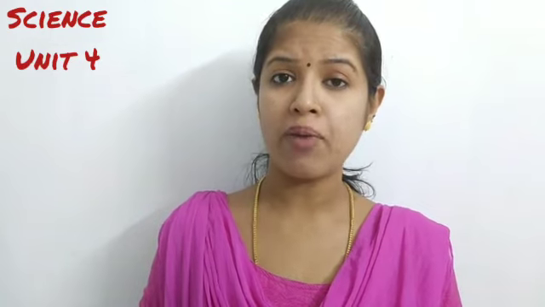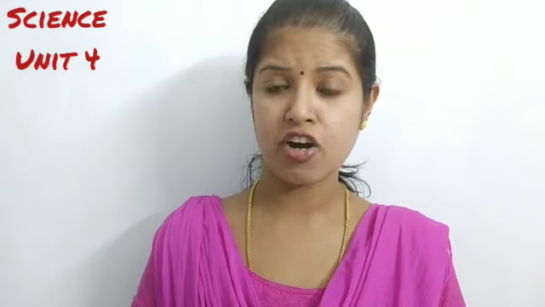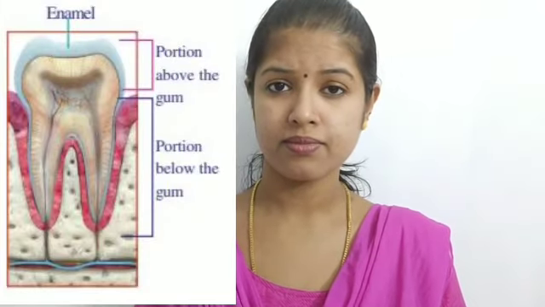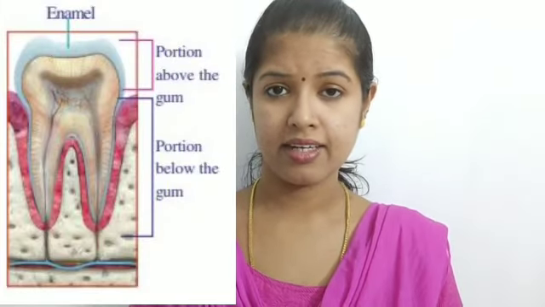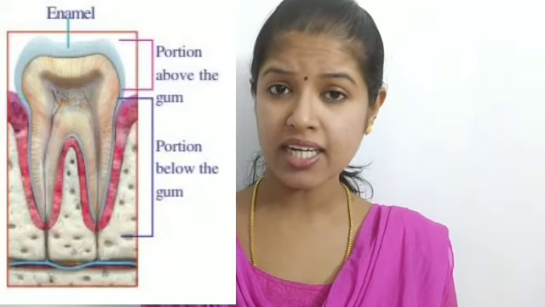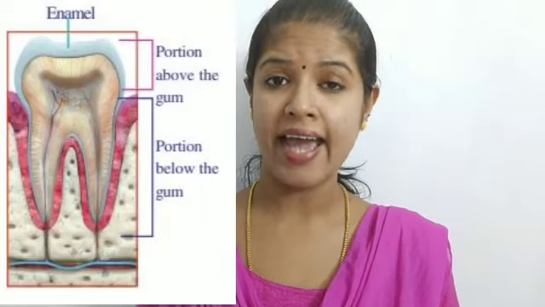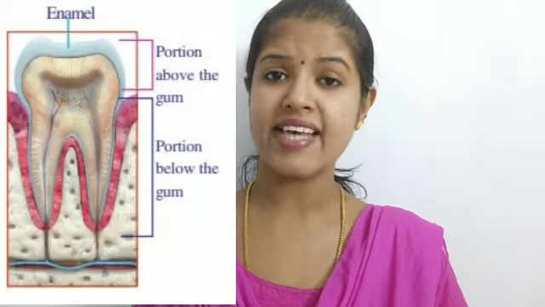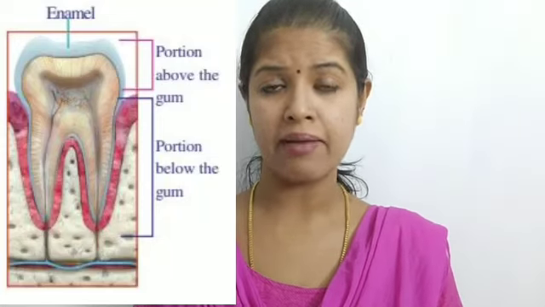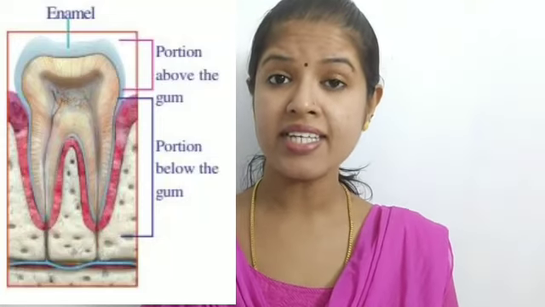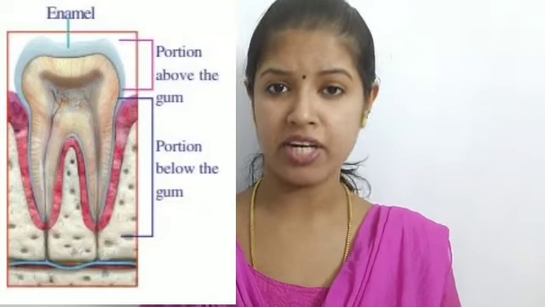Now talking about the teeth. Teeth is the plural, tooth is the singular. Can you see the picture of a tooth? Its outer covering is called enamel, which is the hardest substance in our body.